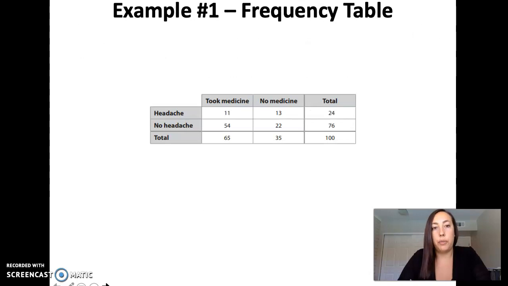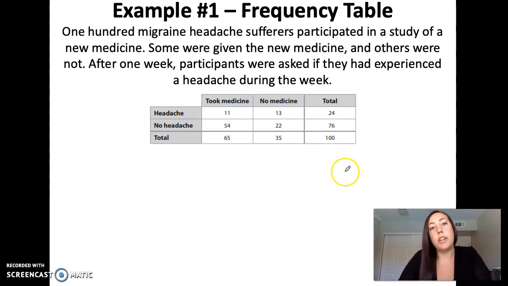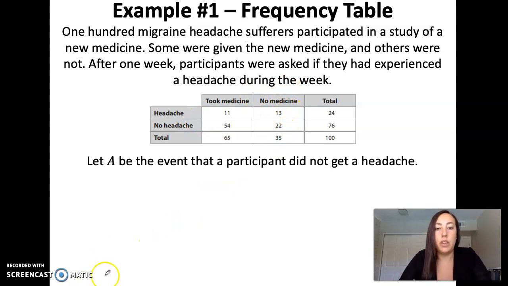So let's do an example. We have this little table of data here. 100 migraine headache sufferers participated in a study of new medicine. Some were given the new medicine and others were not. After 1 week, participants were asked if they had experienced a headache during the week. So we have it classified by headache or no headache versus whether they took the medicine or not.